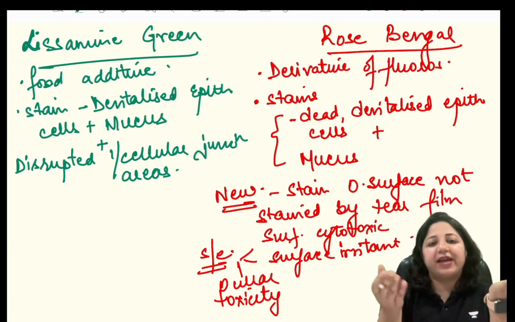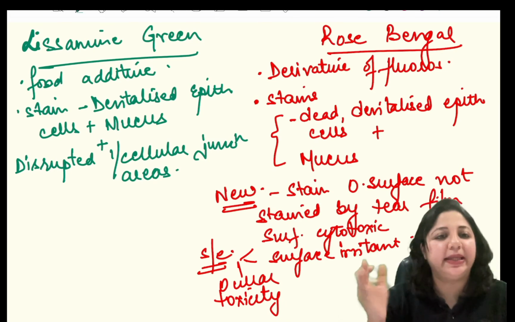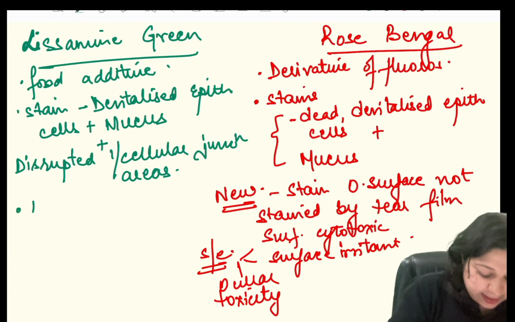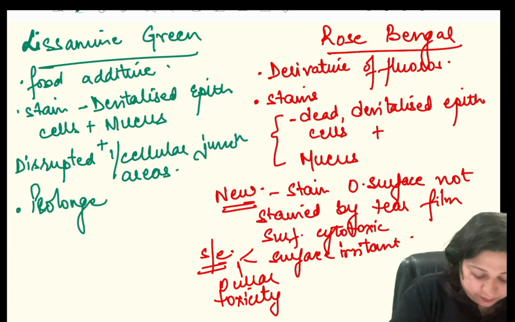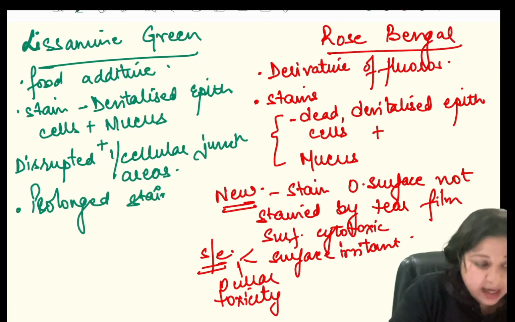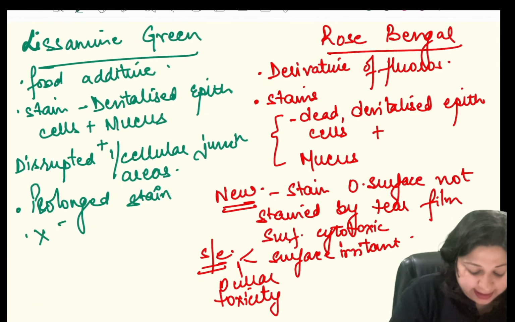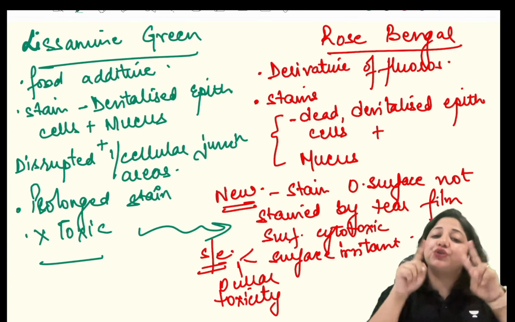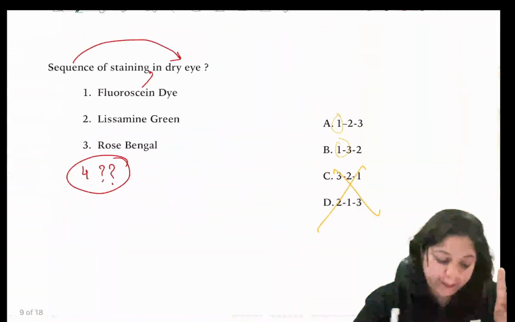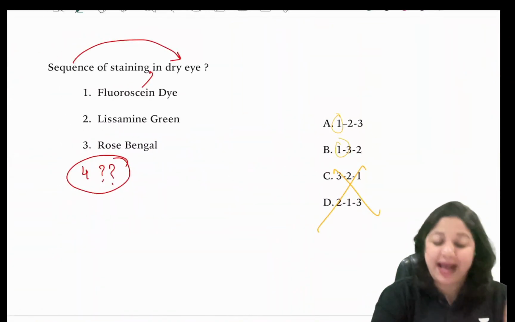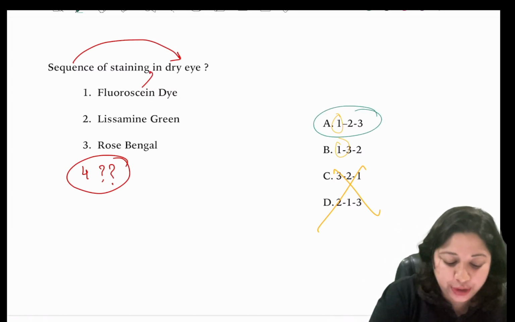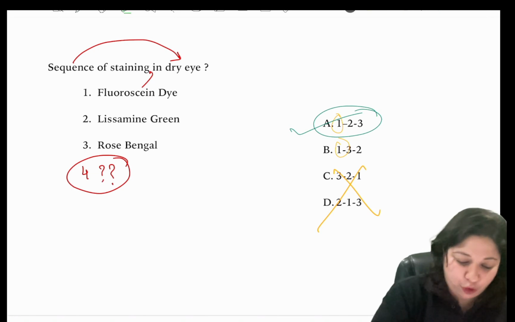So till now we are still confused between lissamine and rose bengal, but remember this gives you a prolonged staining and is not toxic as much as this. So the second option would be lissamine green, and the third option would be rose bengal. So we have 1, 2, 3, which was the correct option.